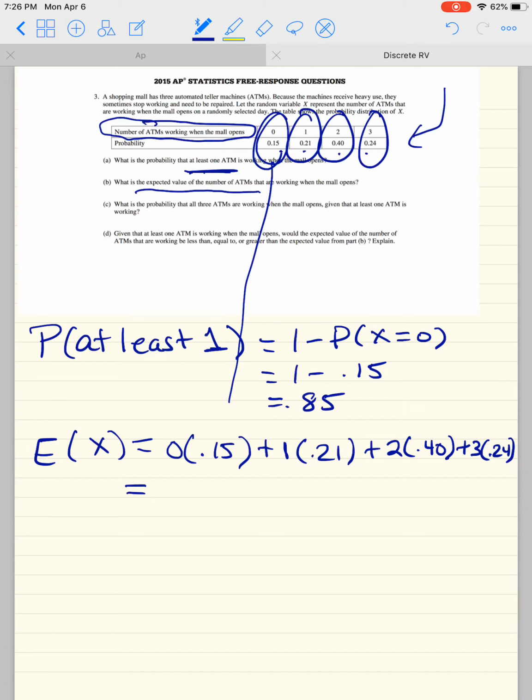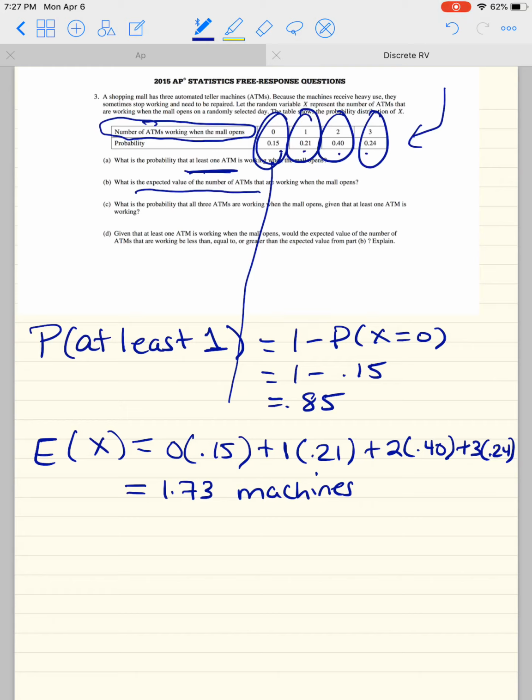And that value is just going to be about 1.73 machines. Don't round this up or down, just leave it as 1.73 machines. So that's the expected value of the number of ATMs that are working when the mall opens.